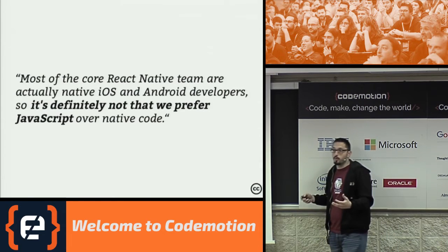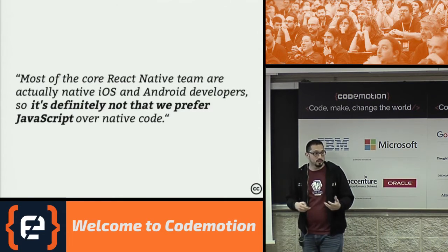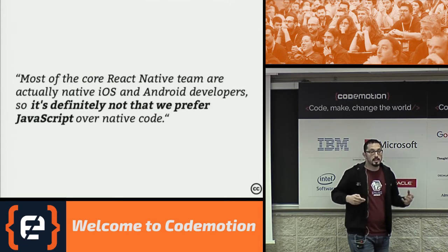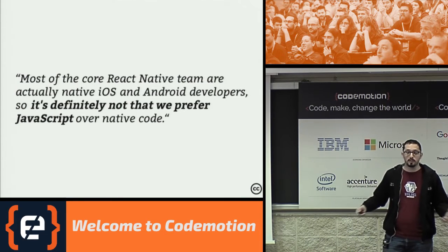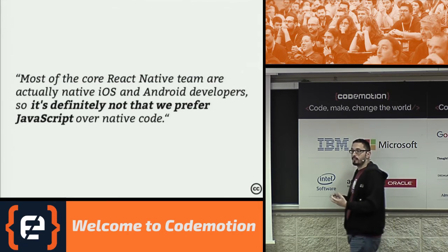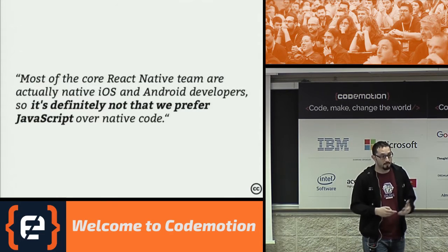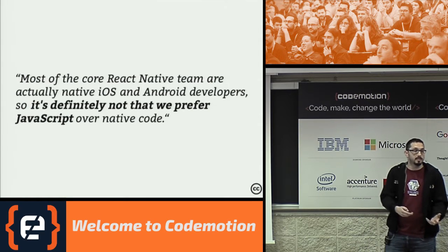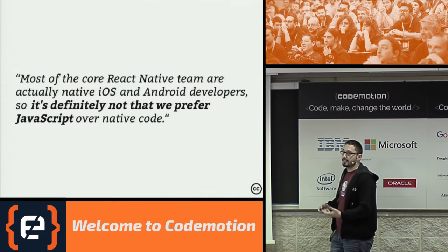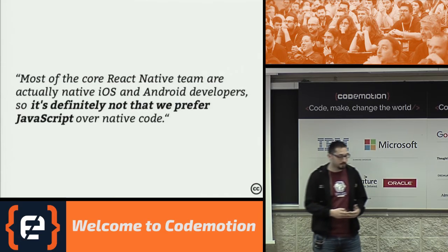So they used to work with Swift, Objective-C, or Java, and they said, look, it doesn't make sense that we redo the work all the time. Let's take something that our company has made, a really nice library like React, and let's try to use it on mobile, on native platforms.